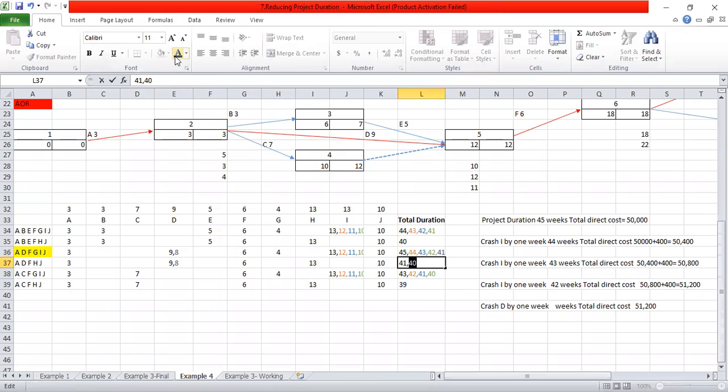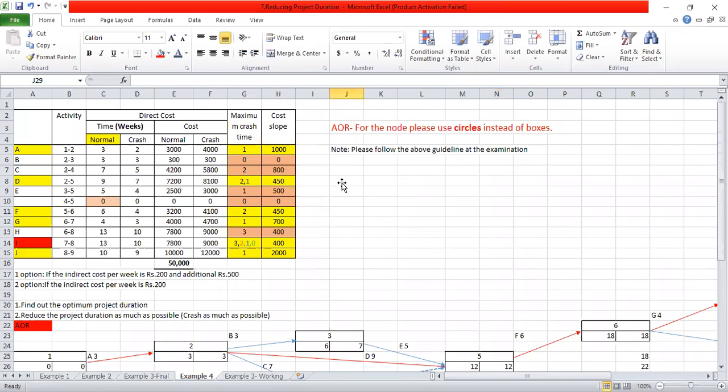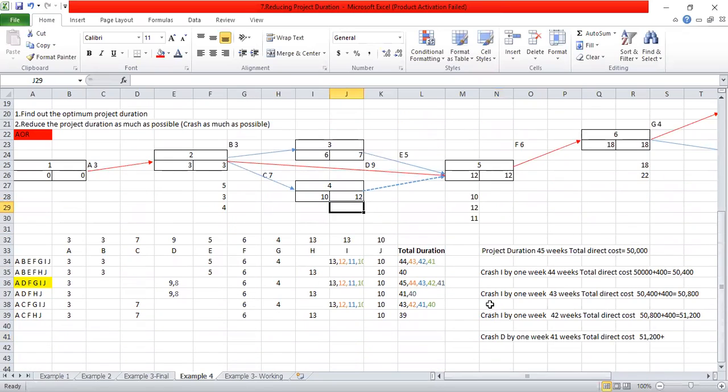So which is the critical path now? 41, 40, 41, 40, 40, 39. That means the critical path is 41. So crash D by 1 week. We are having 41 weeks. Total direct cost for that 51,200, you have to add the D activity cost. The D activity cost is 450.